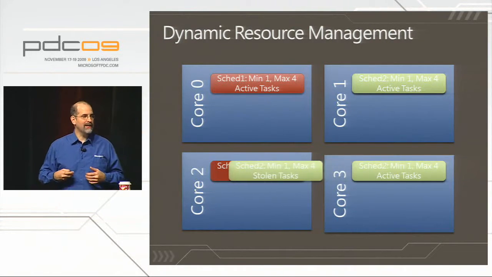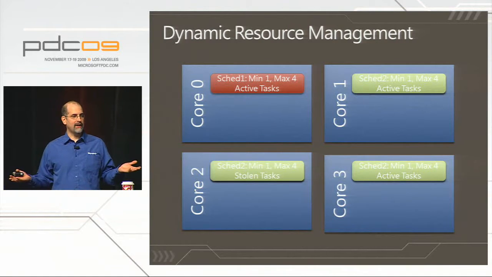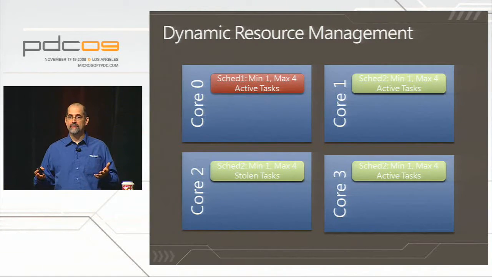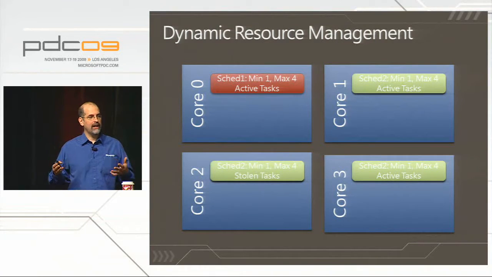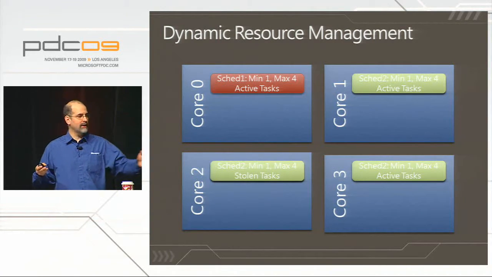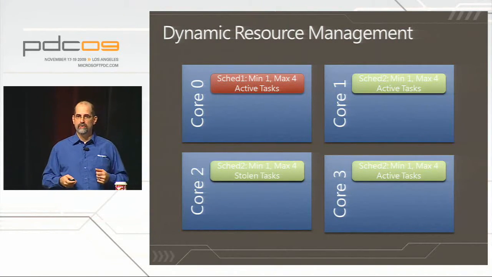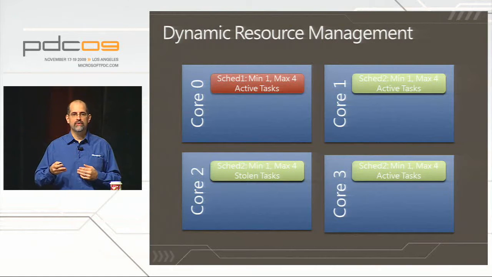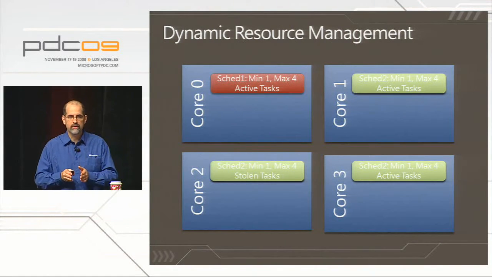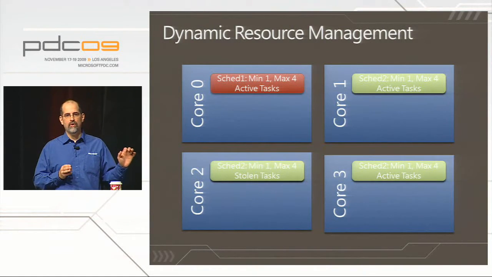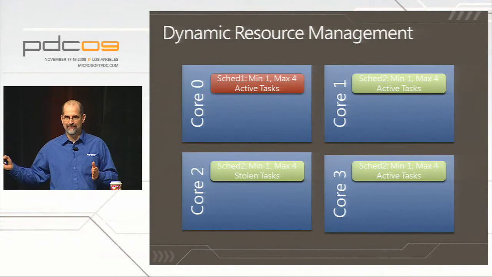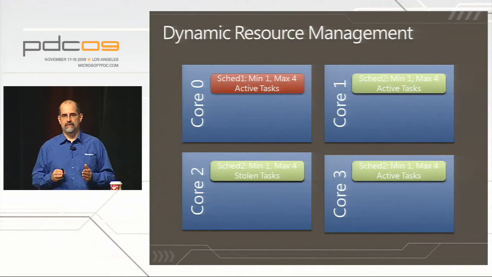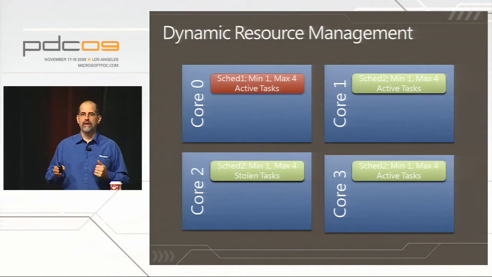And so it then says to the other scheduler, hey, you can have more threads. I'm going to give you this other core to schedule on because you've got work to do and this other guy does not. And that's part of dynamic resource management. But I will warn you, don't rely on this to do audio work, because it's at a fairly coarse grain. This is for coarse grain, long-running tasks.